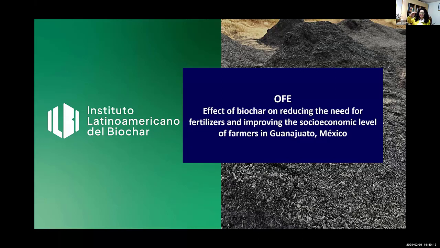But we need to maintain our production. How can we maintain it and reduce the fertilizer level using biochar? These results will be really important to add value and to increase the socioeconomic level of farmers in Guanajuato.